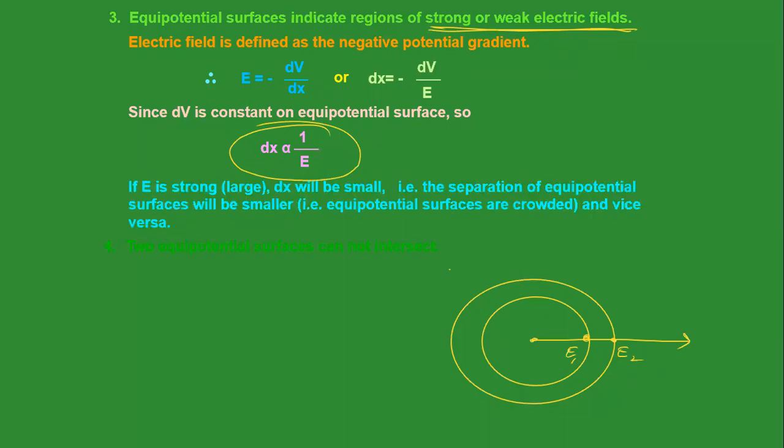Now the fourth property. Two equipotential surfaces cannot intersect each other. That you remember.